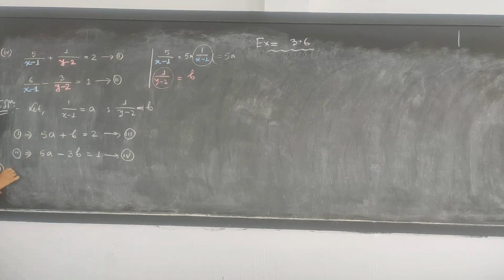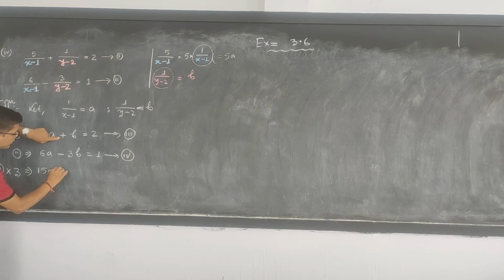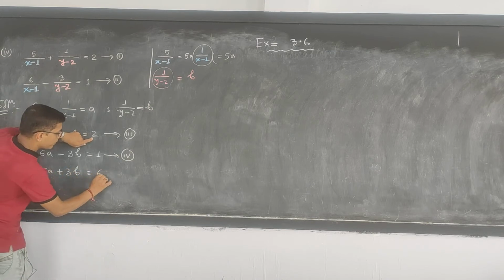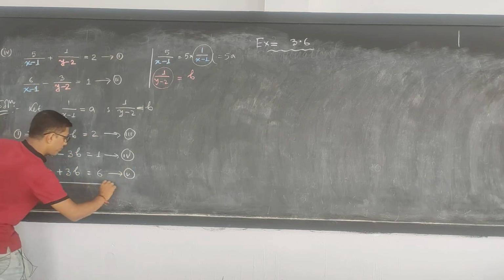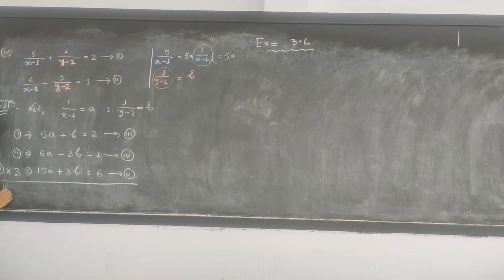Equation 3 multiplied with 3, it will become 15 times a plus 3 times b is equals to 2, 3 times 2 is 6. Make it as equation number 5. Equation 4 and 5, if you add it, 4 plus 5, then it will become 15 plus 6 is 21a.